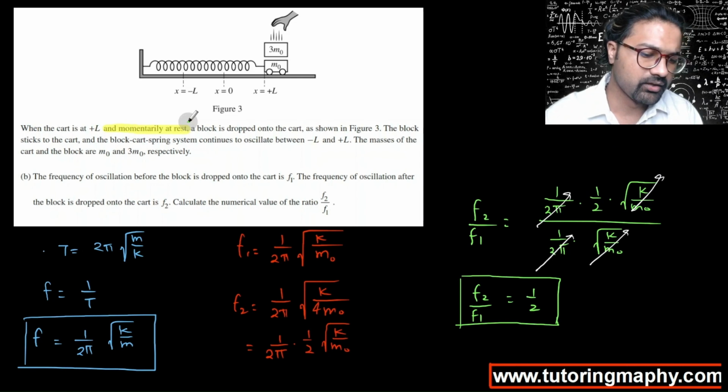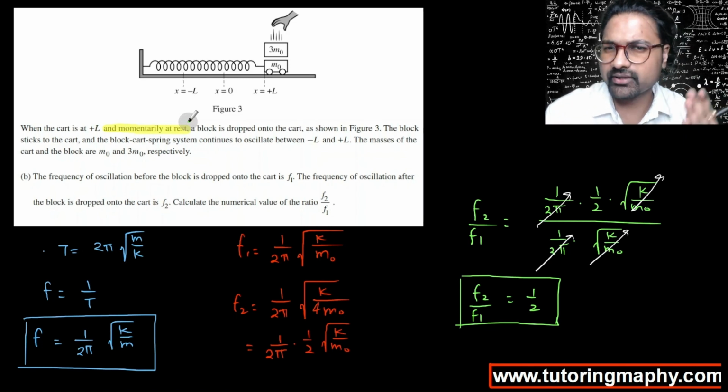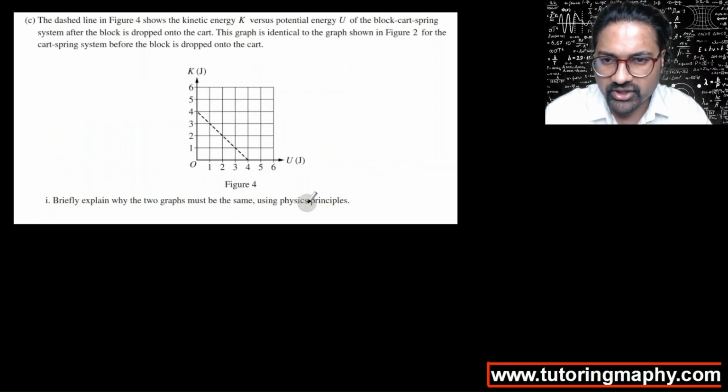Okay. So if its velocity is 0, and since this is the extreme point, what is the only energy in this particular system? Isn't that just potential? Because the spring potential energy is K over 2 x naught squared.